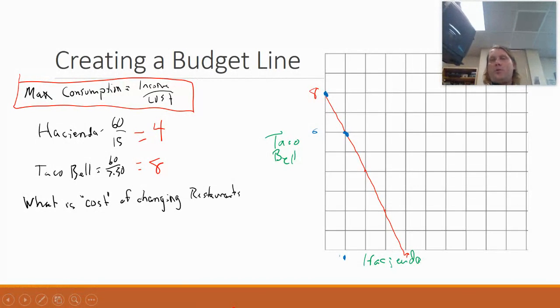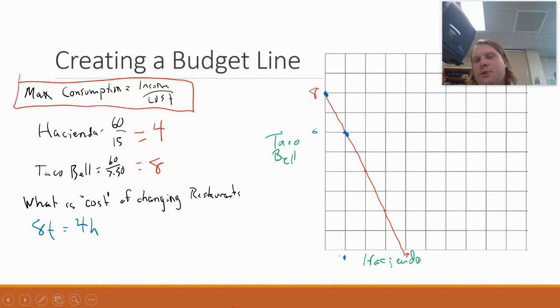There's a little bit of an easier way, and I think it's actually a quicker way, especially if you're in a situation where you don't have good graph paper and maybe the numbers aren't as perfect as like 2 to 1, right? So what I like to do is say, okay, my max using all my resources is 8 Taco Bell, and that equals 4 Haciendas. So I got 8T equals 4H.